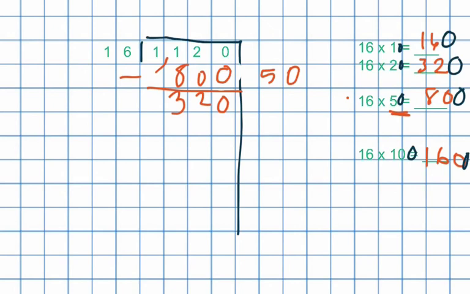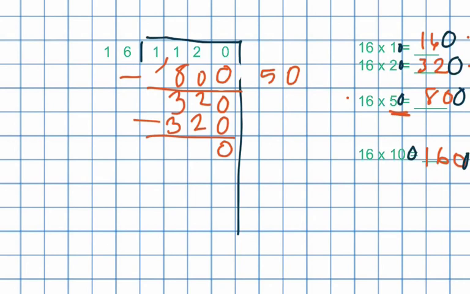Alrighty, now I have 320. I want to see what's the next largest size chunk I can take out. I can see right here 160. And look, I also have 320. So I'm going to put 320 right down here. I'm going to subtract it out, and I get 0. Okay?